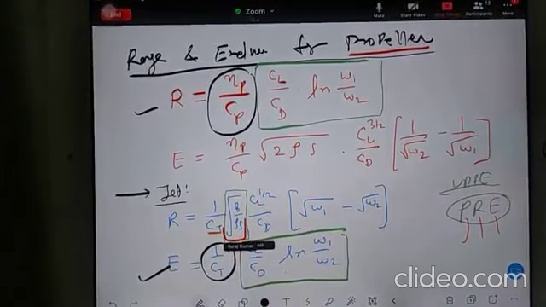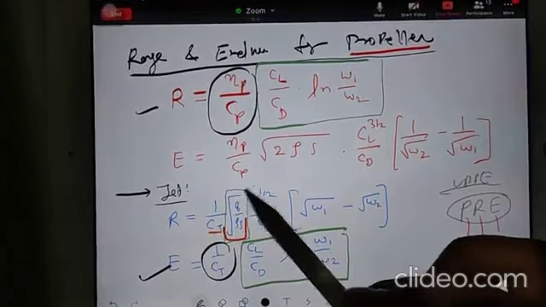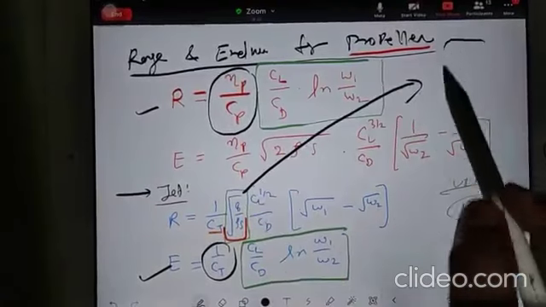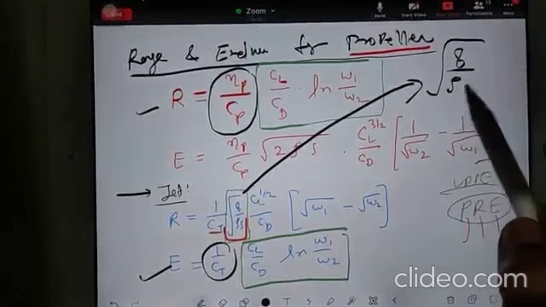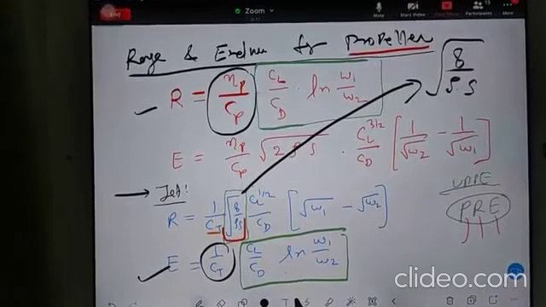Under root 8 by rho s. This is nothing but under root 8 by rho s. Okay.